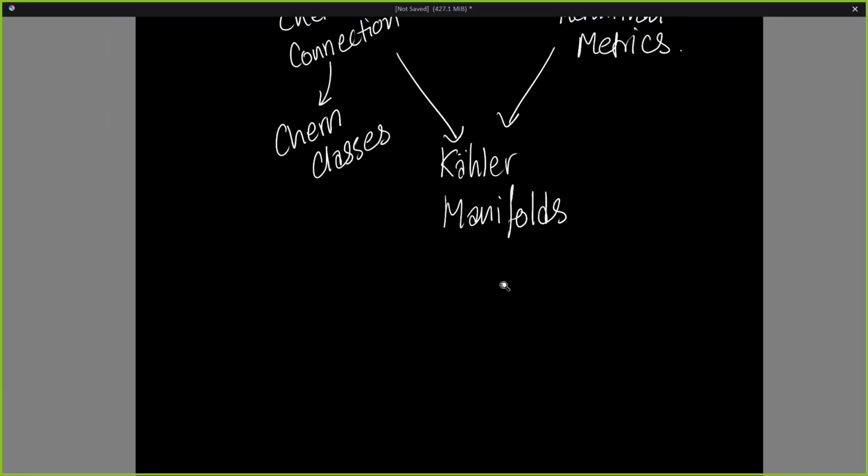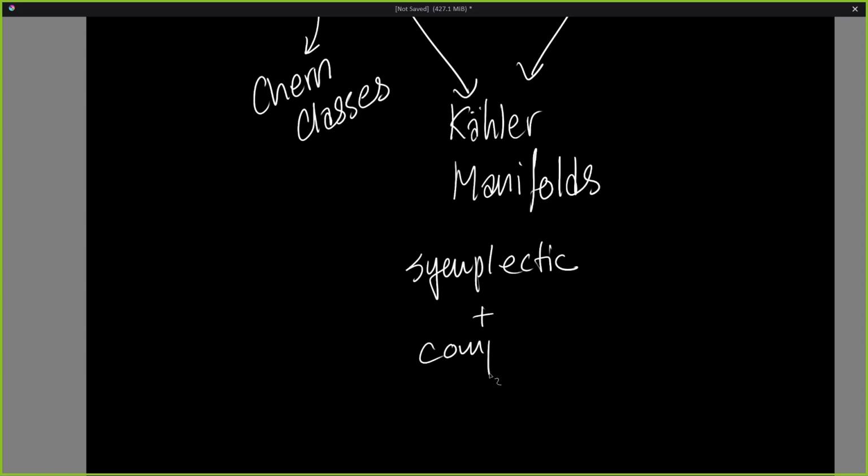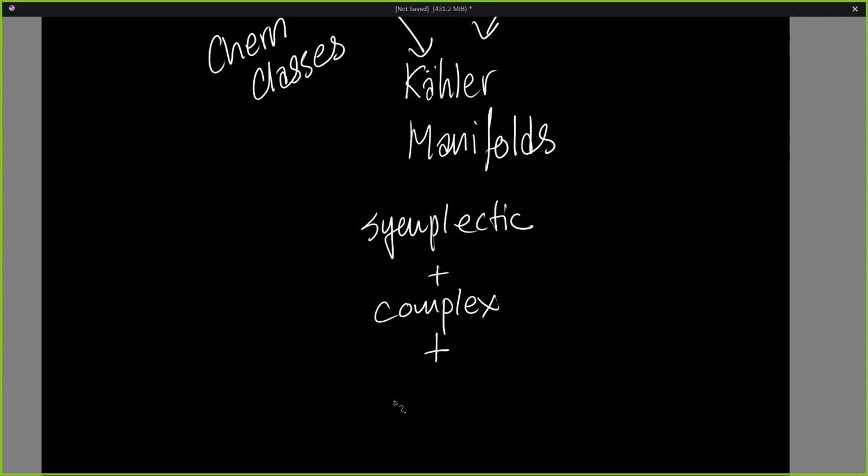Kähler manifolds, again, they're very complicated because they're symplectic manifolds. They're complex manifolds, and they're Hermitian manifolds. Was that the last one?